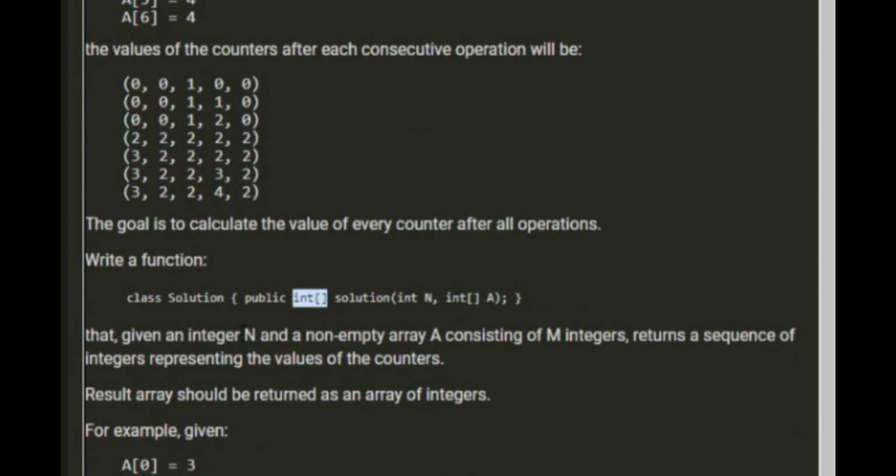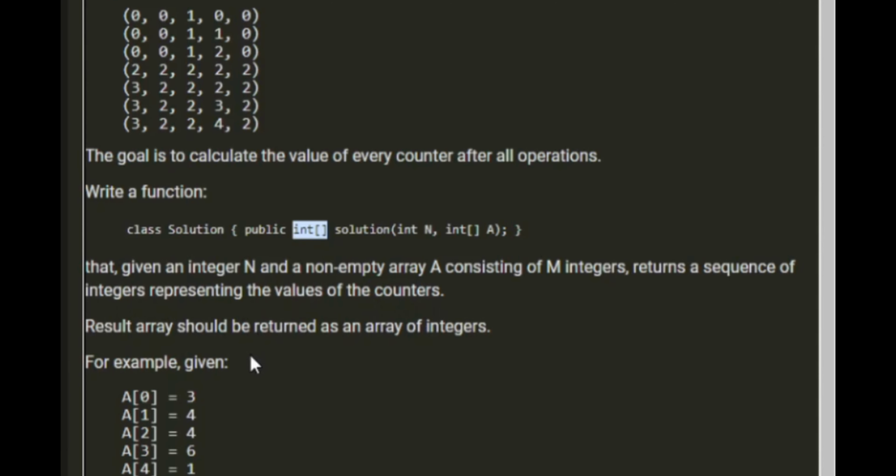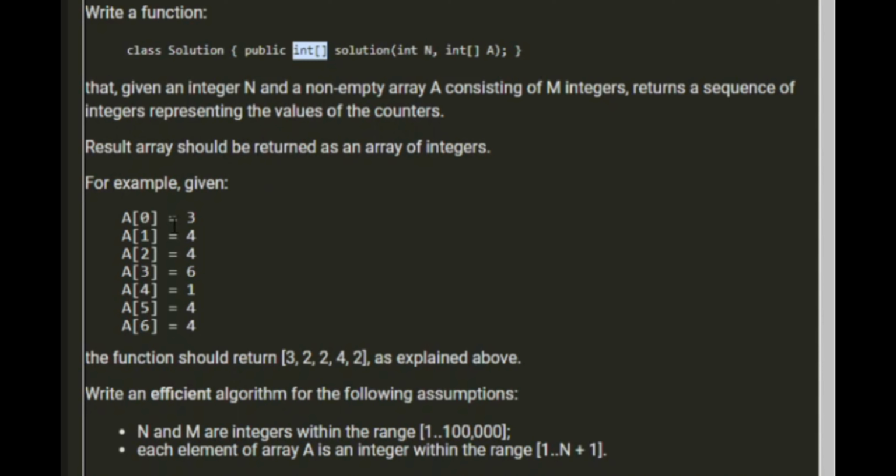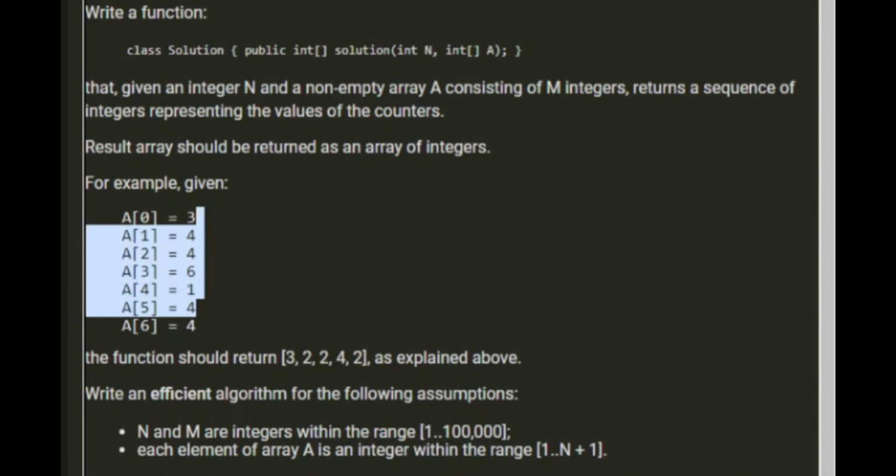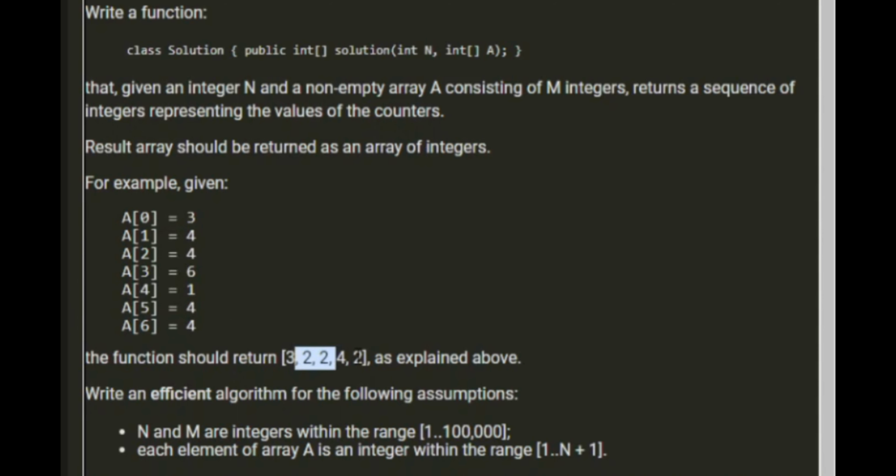Given the integer n and non-empty array A consisting of m integers, return the sequence of integers representing the value of the counters. For example, given this example from before, we return the final counter values.